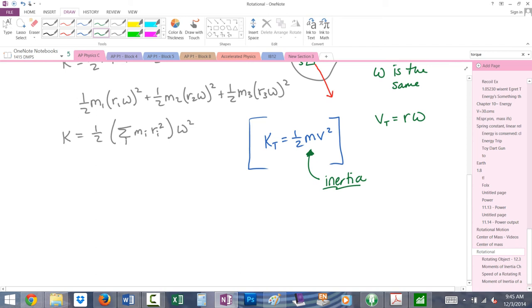In order to get something to move with translational motion, mass is the thing we care about. When you're trying to get something to move in rotational motion, you care about mass, but you also care about the distribution of that mass. That's what this is all about.